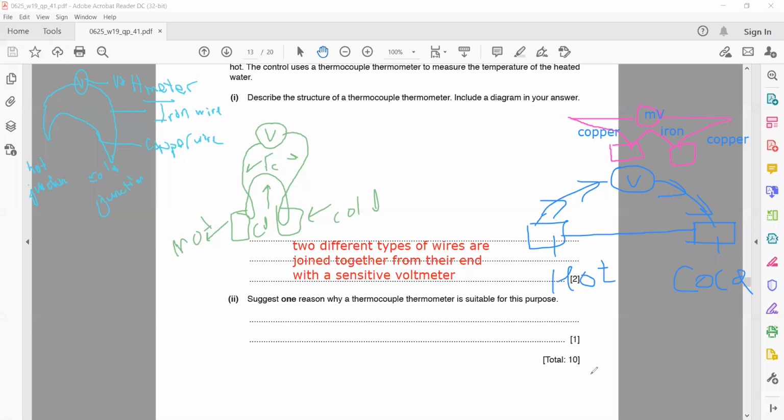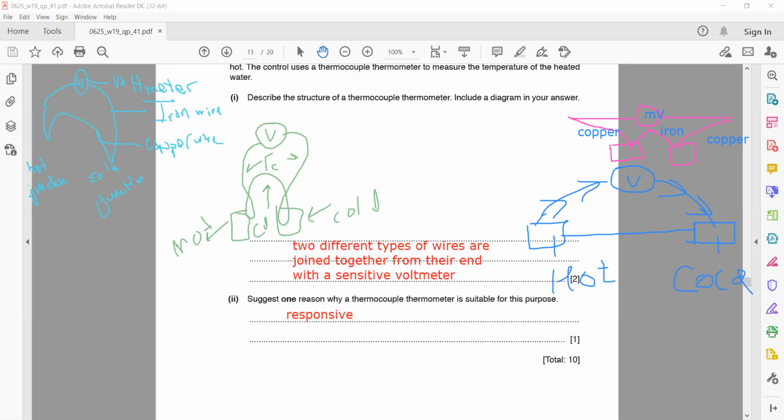The reason you will not choose high temperature as an option here, even though measuring a high temperature is an advantage of a thermocouple, is that here you have water, so the maximum temperature will be 100, or a bit more than 100 if it were impure water. So measuring high temperature, with reference to the question, is not correct.